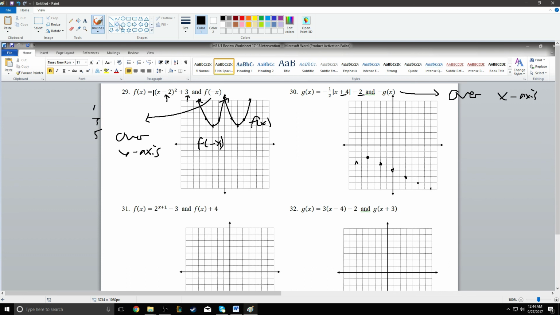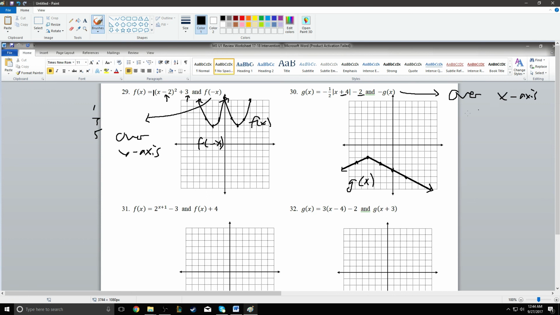Alright, and connect them. Okay, there we go. So this function is g of x.